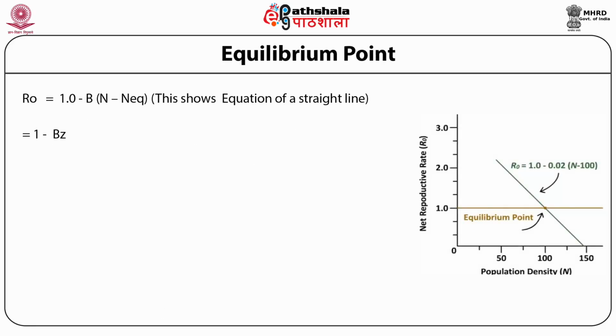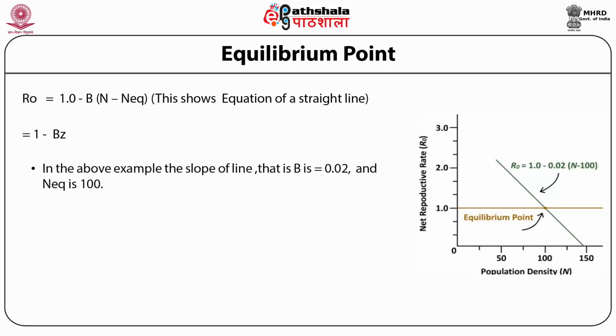R0 is equal to 1 minus B times (N minus Neq), as it shows a straight line. In this hypothetical example, the line shows B as 0.02 and equilibrium is 100.